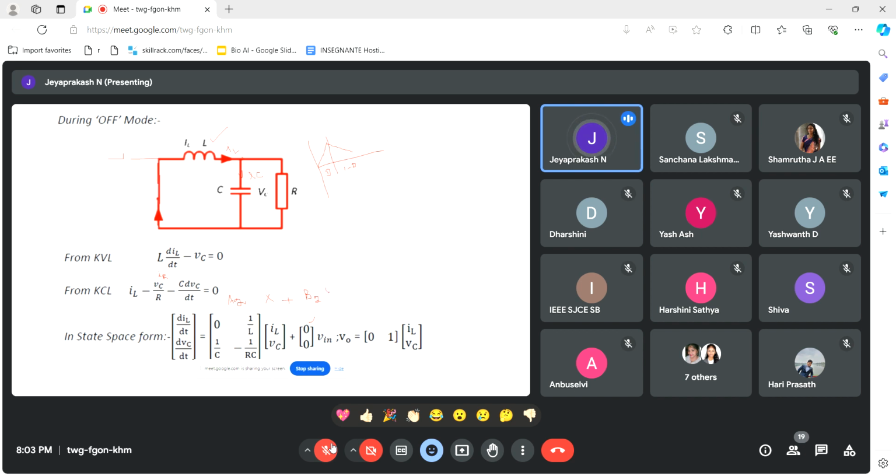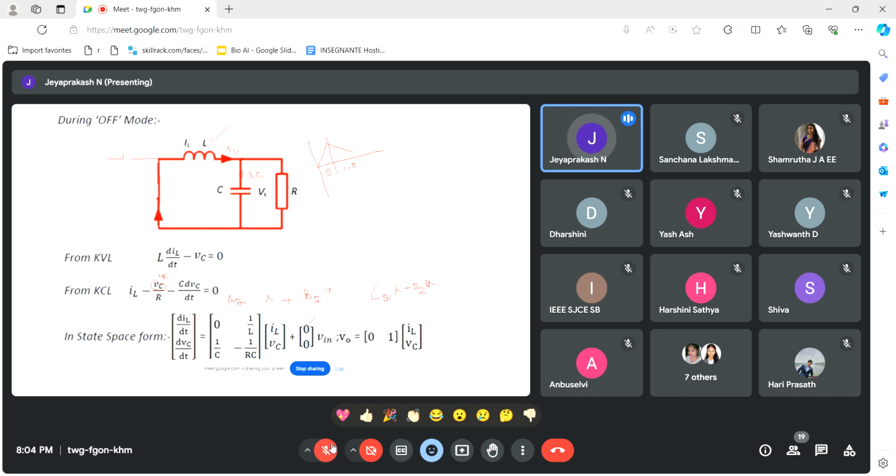We do not have any input. Similarly, in the second equation we have the output term VC, so the C2 matrix is 0 1, plus the D value is also 0. D2 times U is 0.